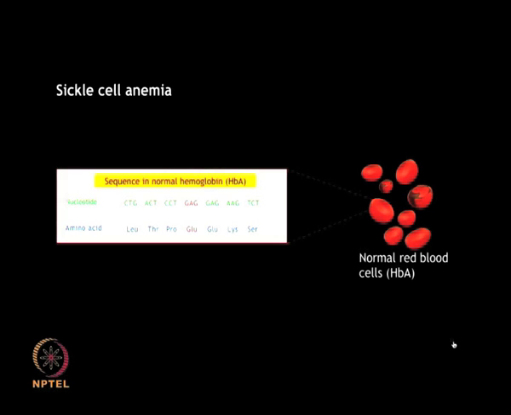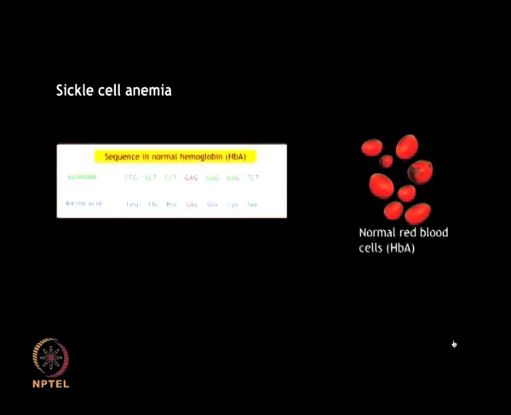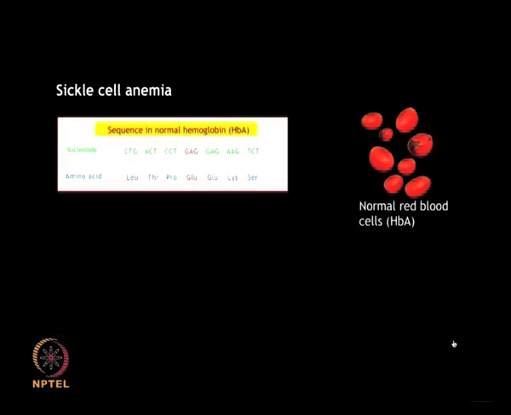This change converts a glutamic acid residue to valine in the corresponding amino acid sequence. Replacement of the glutamic acid residue by valine creates a sticky hydrophobic contact point at position 6 of the beta chain.